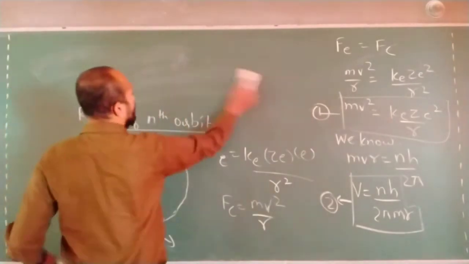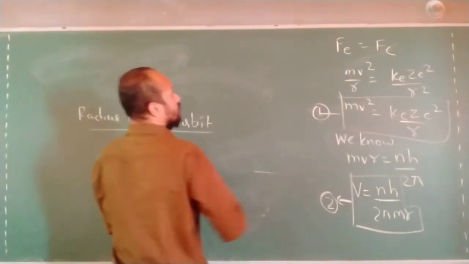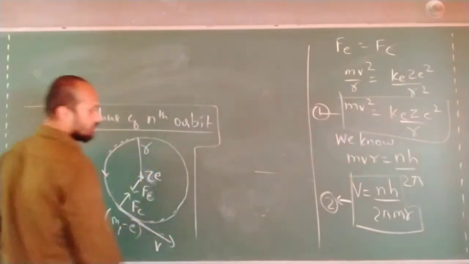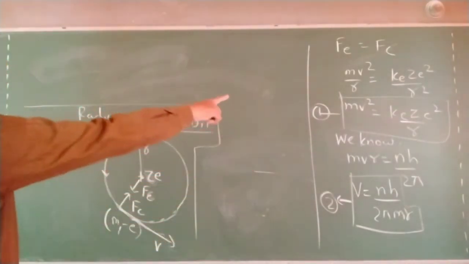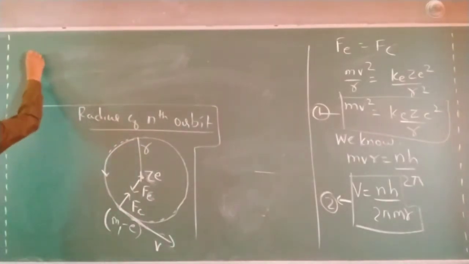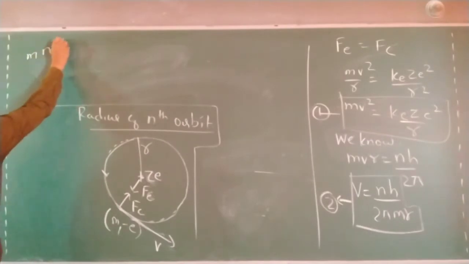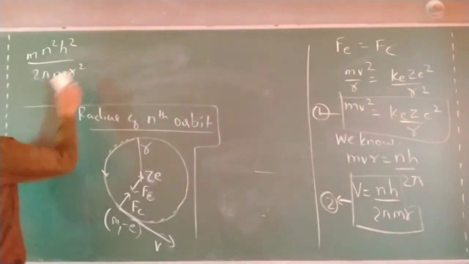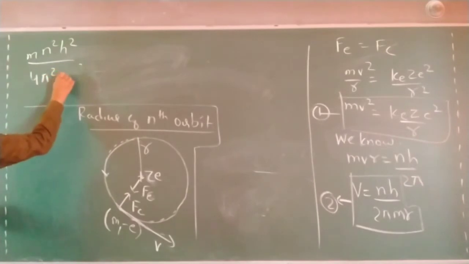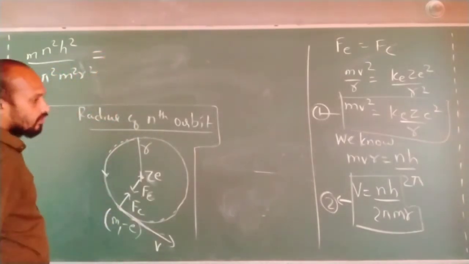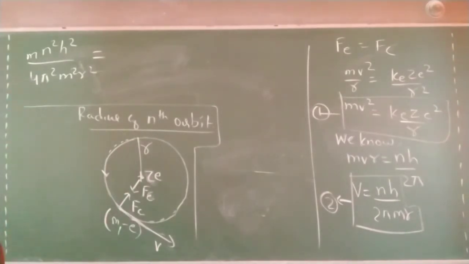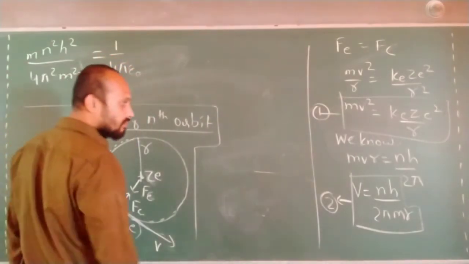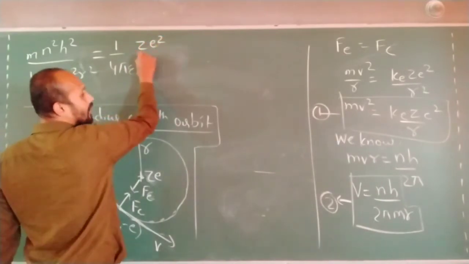From those two equations, for the radius of the nth orbit, I can write m times v squared, which means m times n squared h squared divided by 4 pi squared m squared r squared, will be equal to Ke, that is 1 by 4 pi epsilon naught, into Ze squared by r.